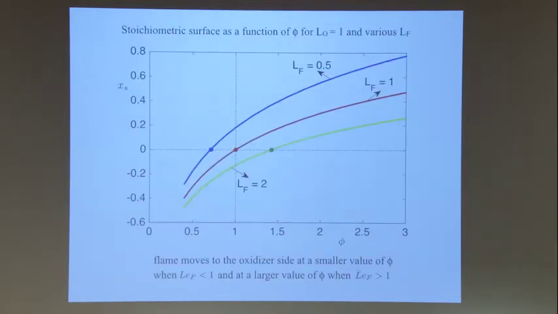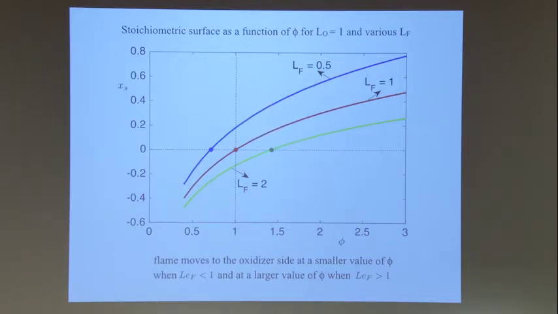And if you bring in the Lewis number, you see that that has a significant effect, because the flame will be at the center if the Lewis number is less than 1 at a leaner system, so it will move to one side.